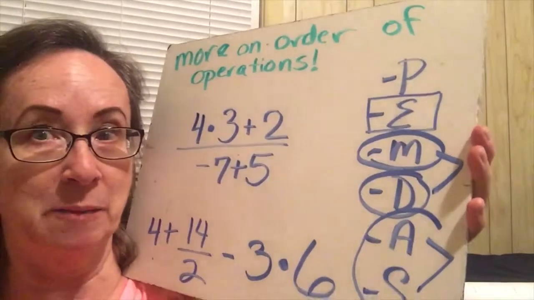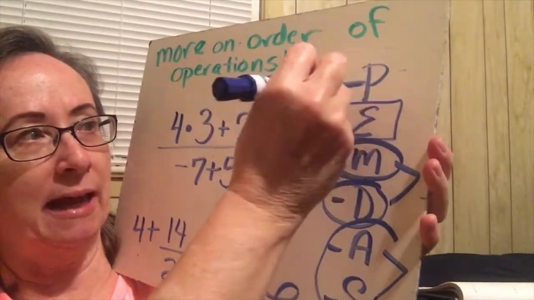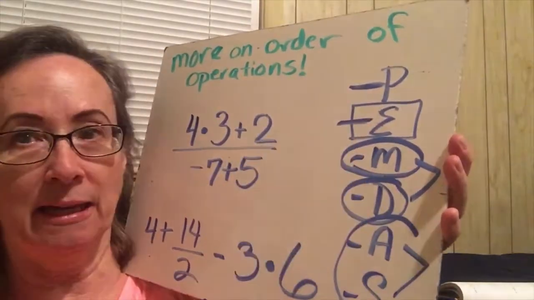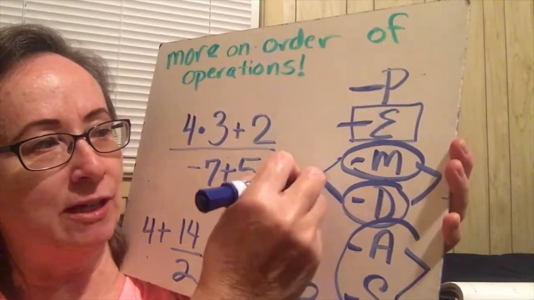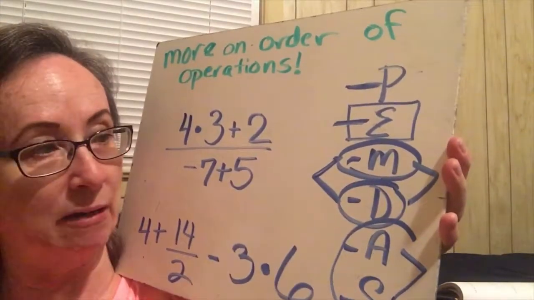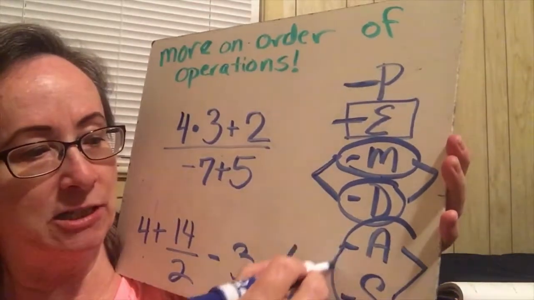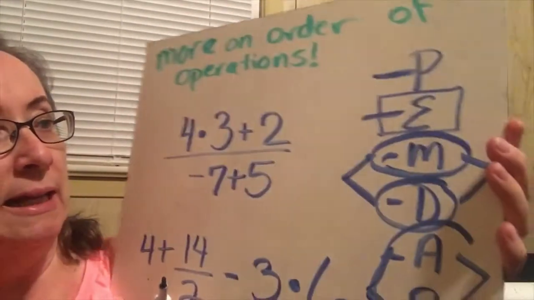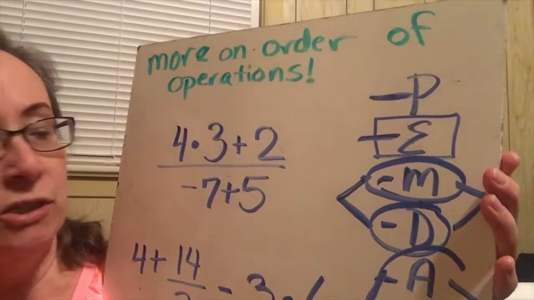So if you were talking about military ranks, parentheses would be at the highest rank, and then exponents would be at the next highest rank, and then multiplication and division are at the same rank. We're going to do them as we see them left to right, and addition and subtraction are at the same rank.